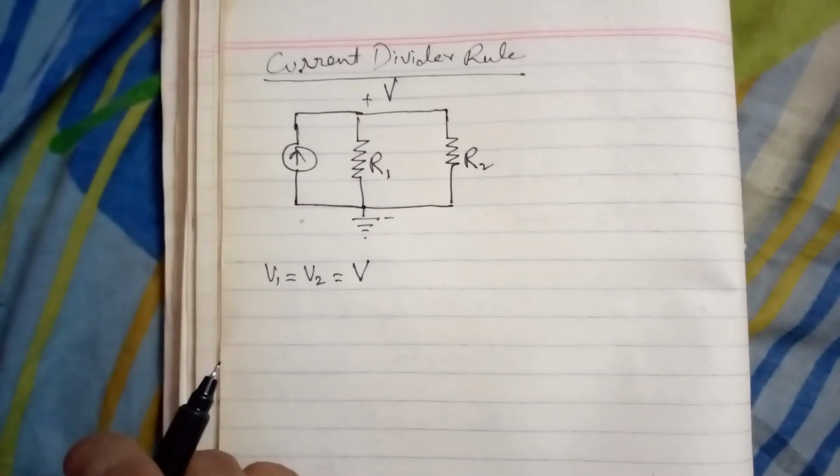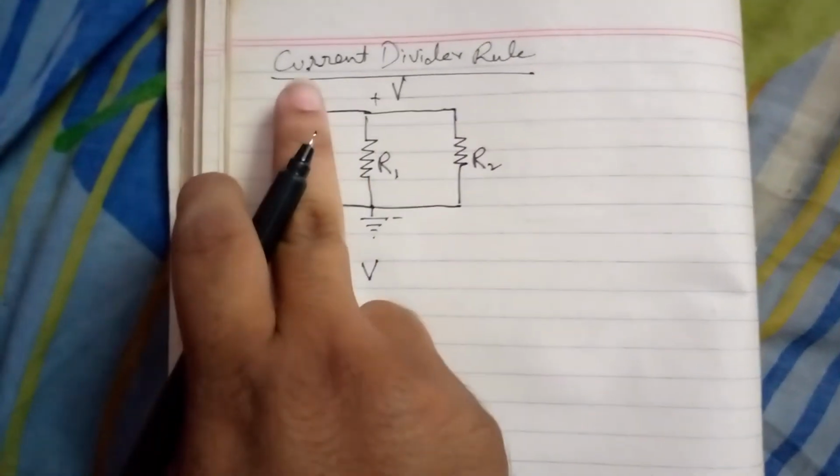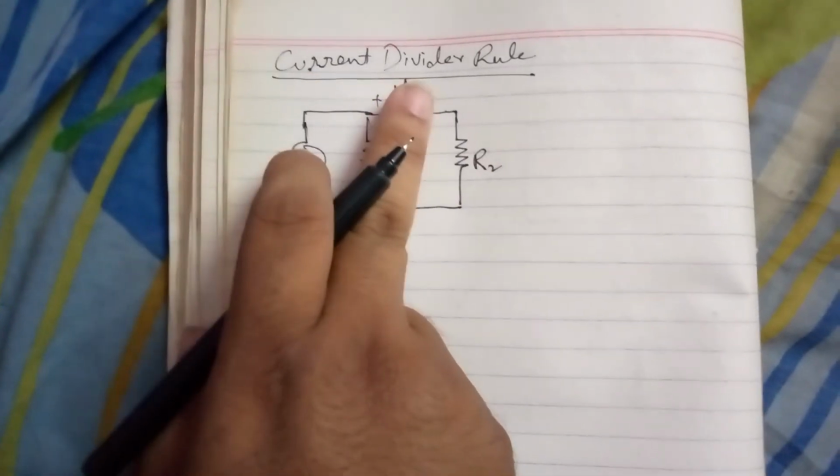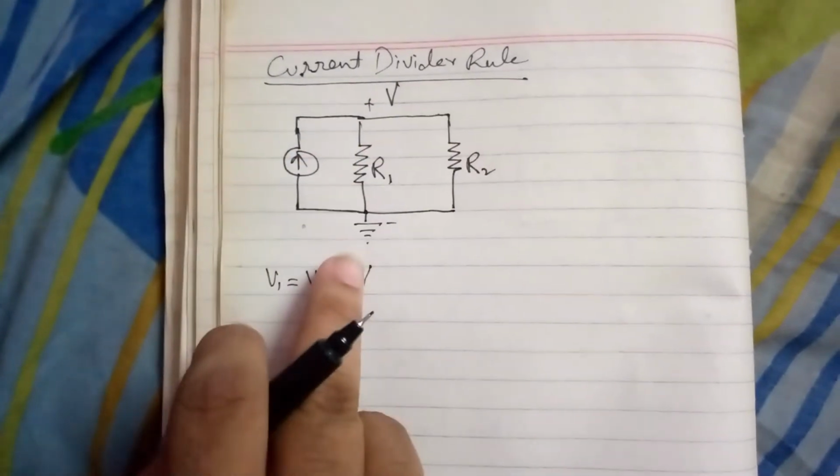In parallel combination the current is divided. That's why the name of the topic is current divider rule. So current is actually dividing here.